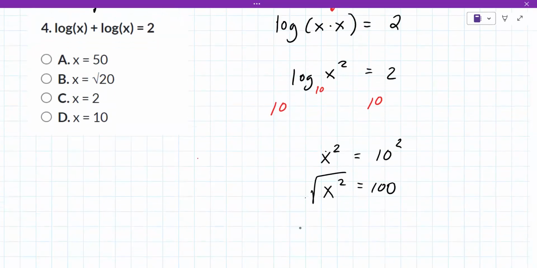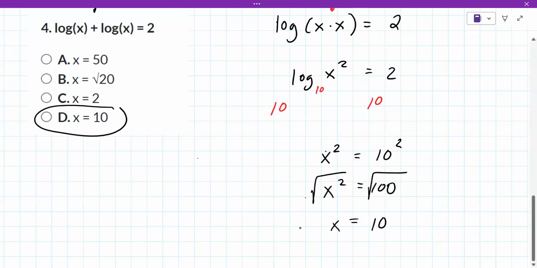Exactly. Yep, that's it. Take the square root of both sides. If you're not sure of the result, go ahead and use that calculator. That will be 10. There you have it.